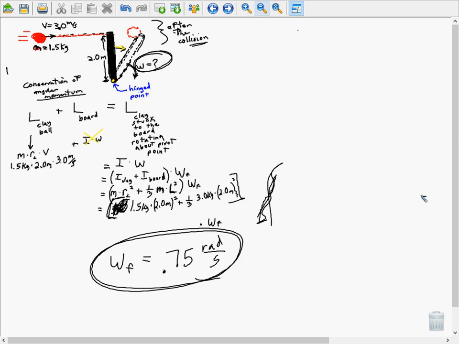No, because the L is the length of the door.